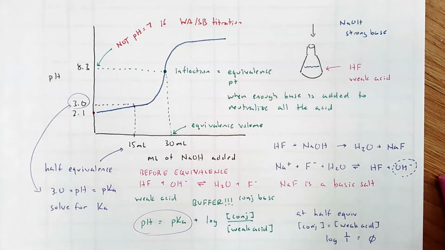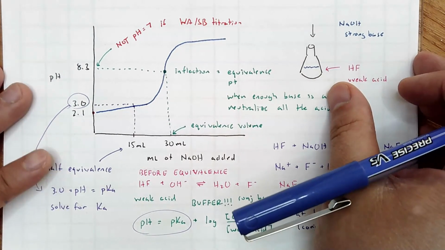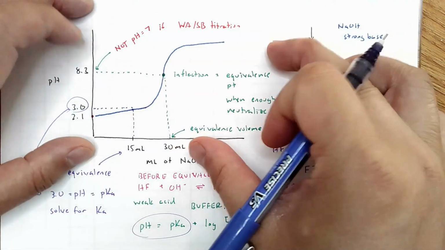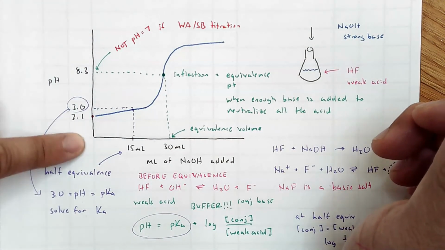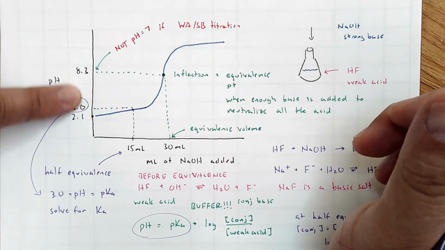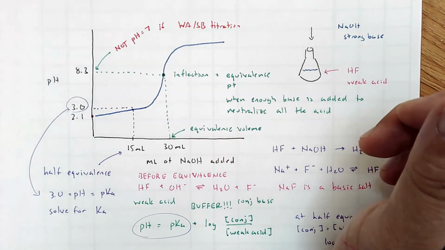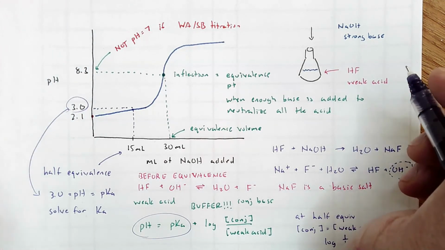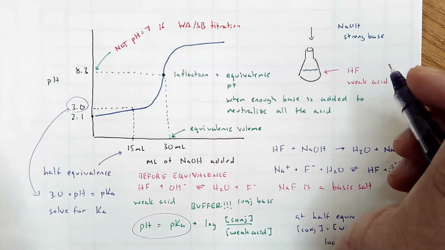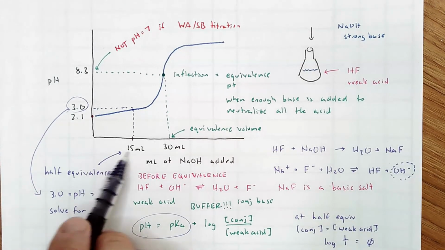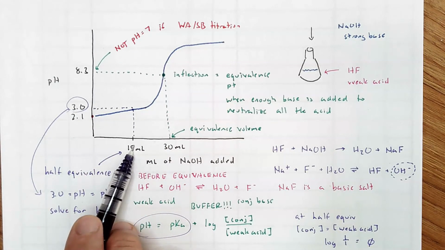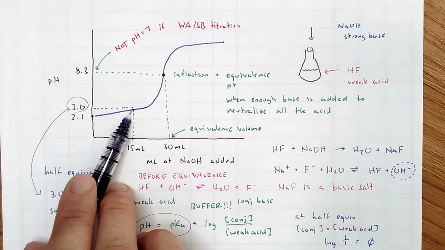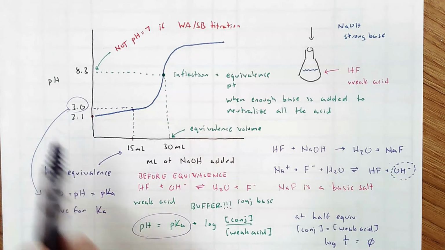So that's cool, because let's say we have a multiple choice problem and I give you the graph and I label it, right? I put the axis markings. Well, if I ask you what is the pKa of the acid, all you have to do is find where the equivalence point is, get that number of volume, take half of it, and trace up to the curve, and then trace over to the pH.